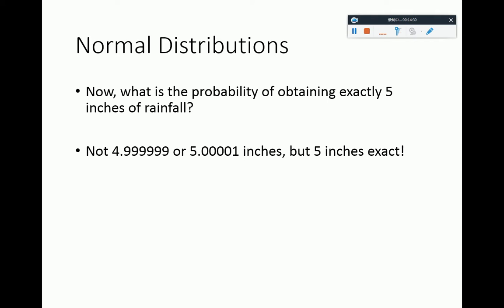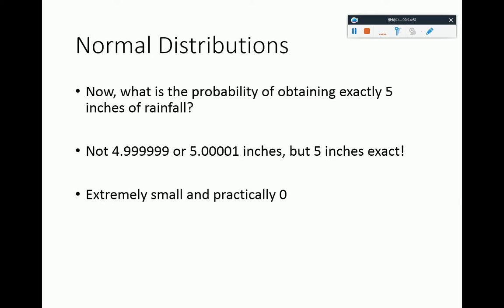If your boss gives you this task, to measure 5 inches of rainfall exactly, not 4.9999 nor 5.0001, your boss has given you a mission impossible.